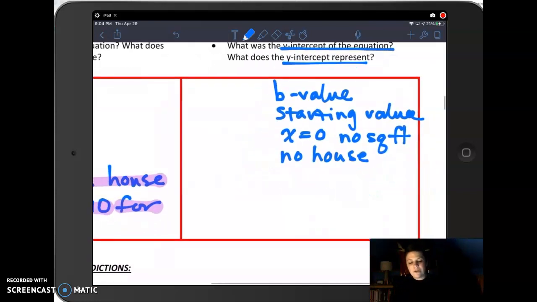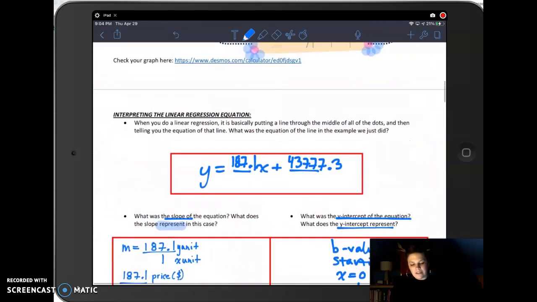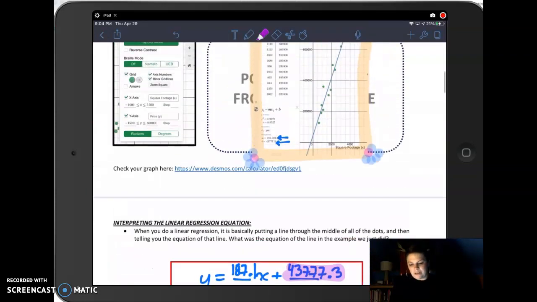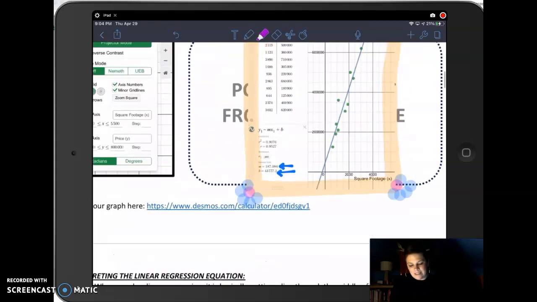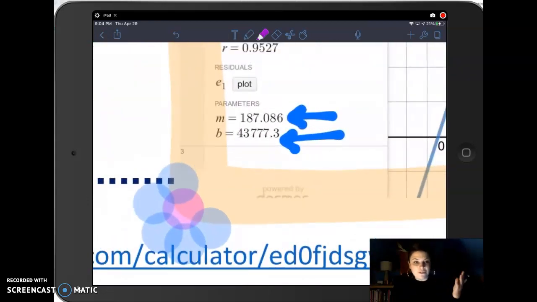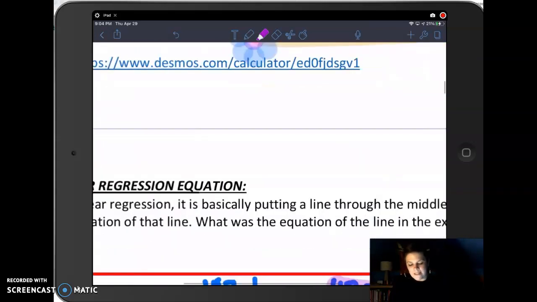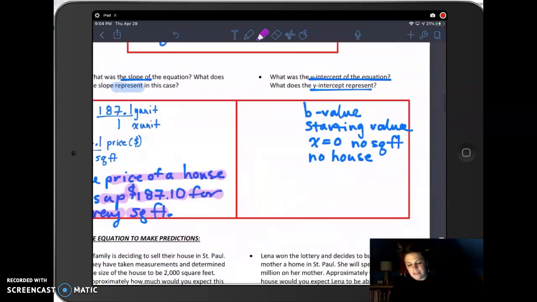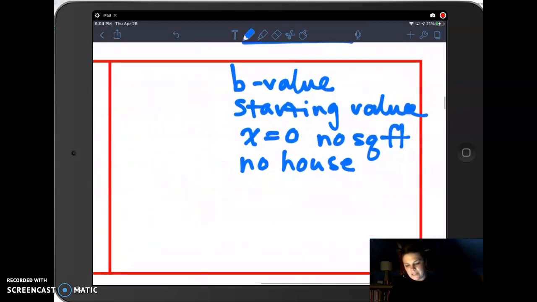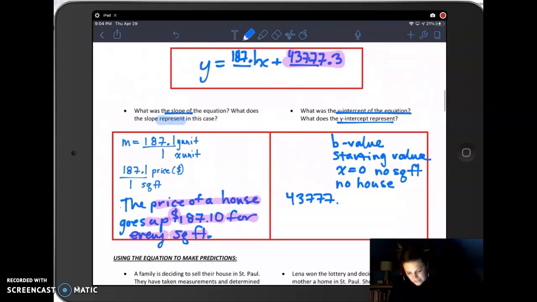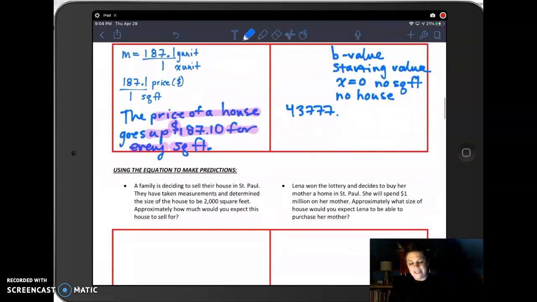All right, so we know our b value. We can see it's right here in our equation, but also in the values from our regression. It is 43,777.3, so we're going to write down that value. Let me double-check that I got it right: 43,777, then 0.3.